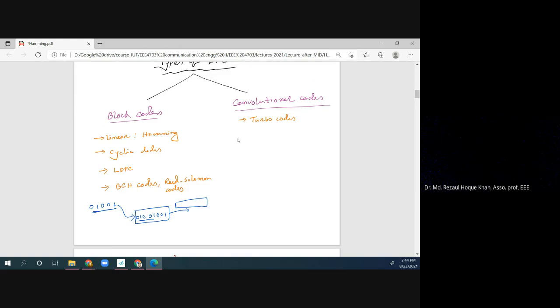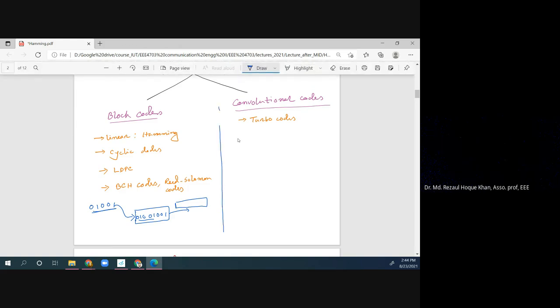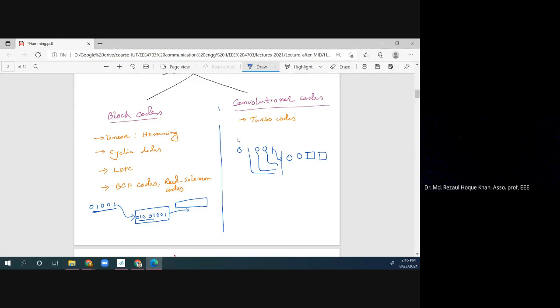But in convolution code, this does not happen. Whatever data comes, 0 1 0 0 1 for example, immediately 1 converts, then 0 comes, immediately 0 converts. It creates the equivalent of each bit as a convolution code, on the spot, based on our convolution algorithm.